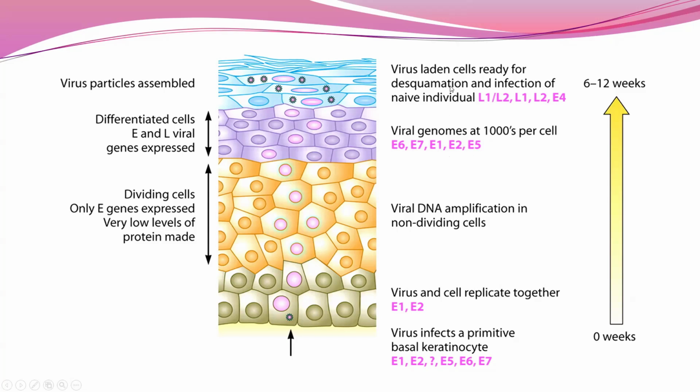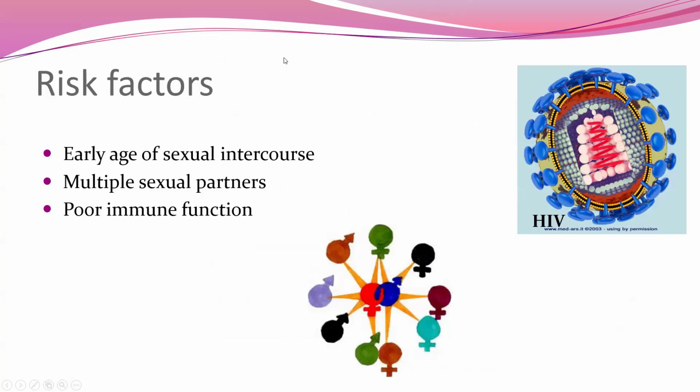Then virus-laden cells are ready for desquamation and infection of naive individuals, with L1 and L2 there. You can see dividing cells, differentiating cells, and virus particle assembly. So that's how the life cycle continues.